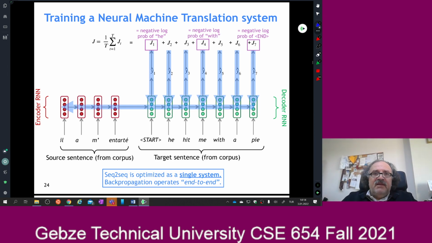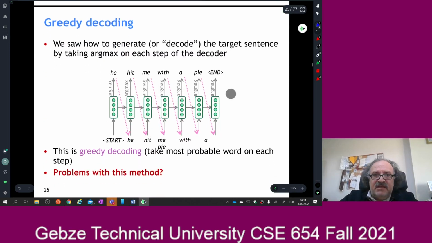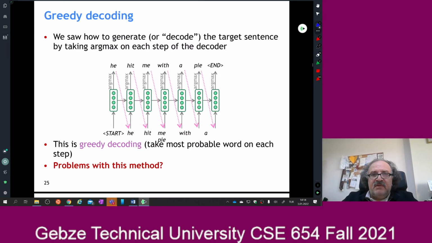That's the whole thing. We train a neural machine translation system this way. It is like training a regular neural network, or at least a regular RNN. That's why we like this kind of a solution.